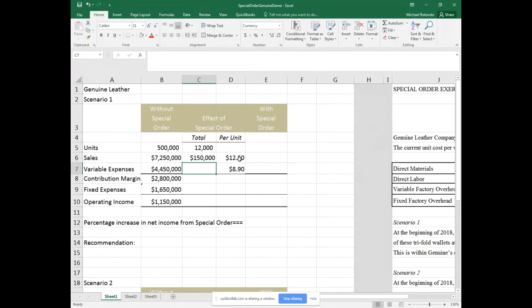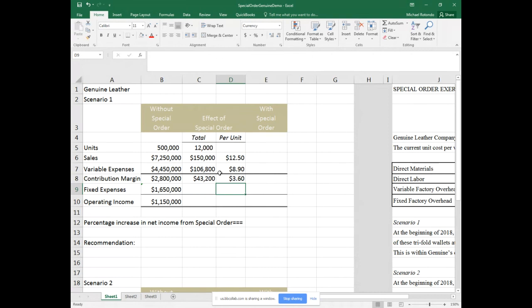What would our variable costs be? Well, we have the 12,000 units times $8.90 per unit, which is $106,800. So we would have a small increase in contribution margin from this. Let's find out what it would be. We would have additional contribution margin of $43,200, or $3.60 per unit.